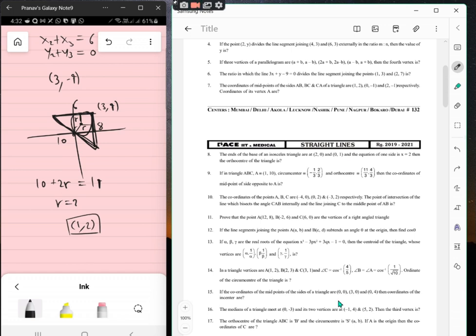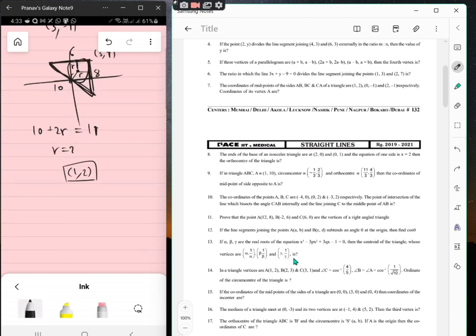Okay. Question number 16. The medians of a triangle meet at 0, negative 3 and two vertices are given. Its third vertex is. The medians meeting at that point is just the centroid, basically. So 3 times that is 0 and negative 9. So negative 1 plus 5 is 4. 4 plus x equal to 0, x equal to negative 4.